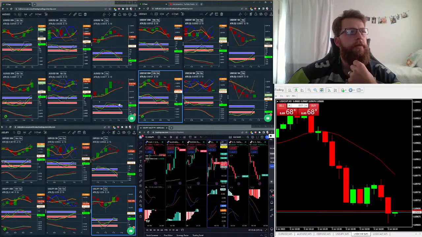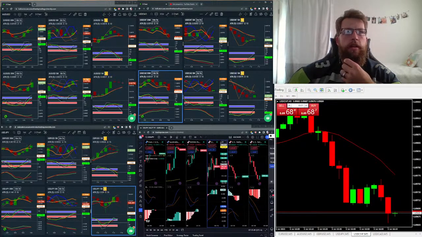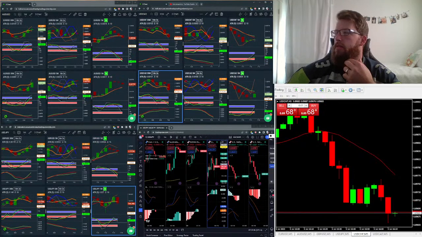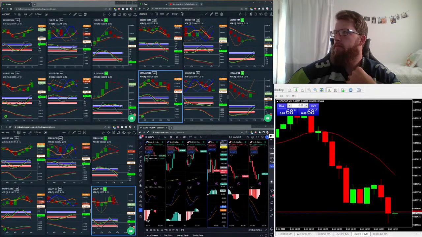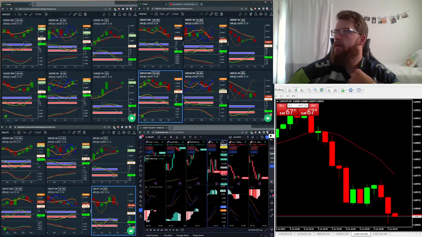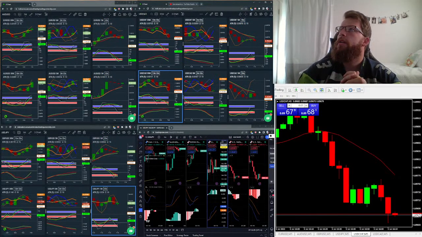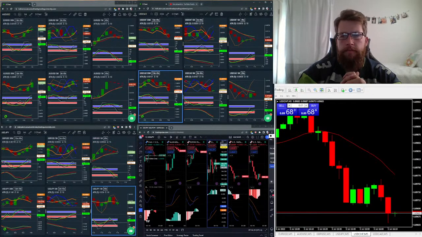Maybe looking for a little pullback on the 1-minute chart here. Possibly seeing another opportunity to go short on the Chief again.